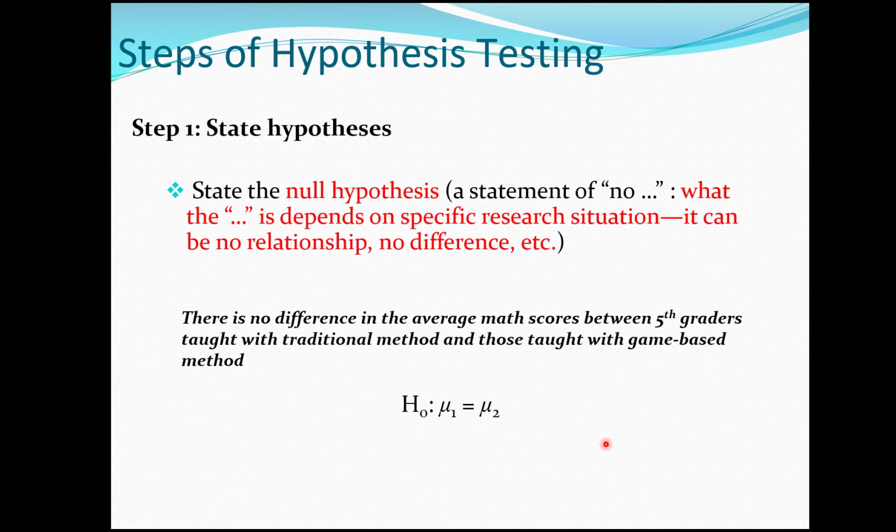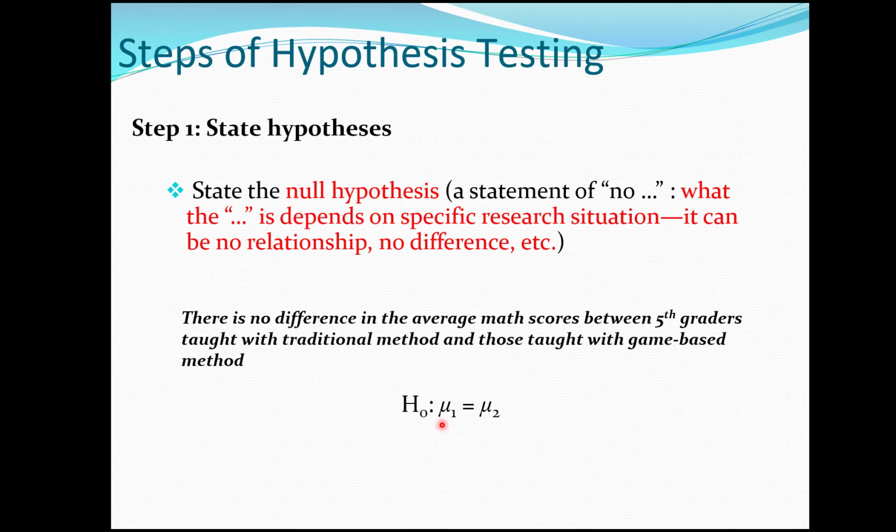So sometimes you can state your null hypothesis in a statement format, and you can also express your null hypothesis in a mathematical format. You can say H0. H0 means 0 means null, and uppercase H means hypothesis. So your null hypothesis is mu1 equals mu2.